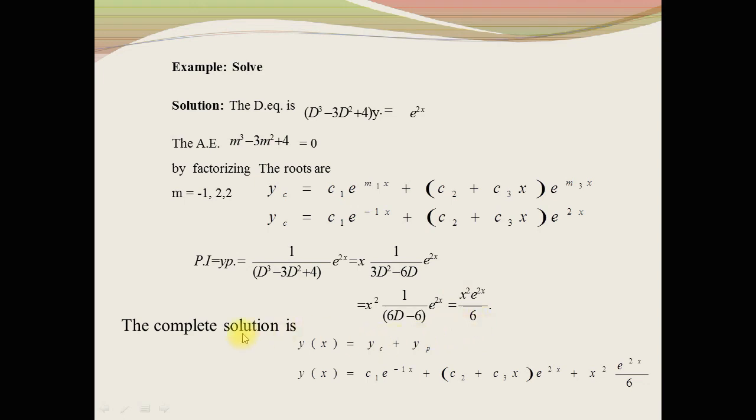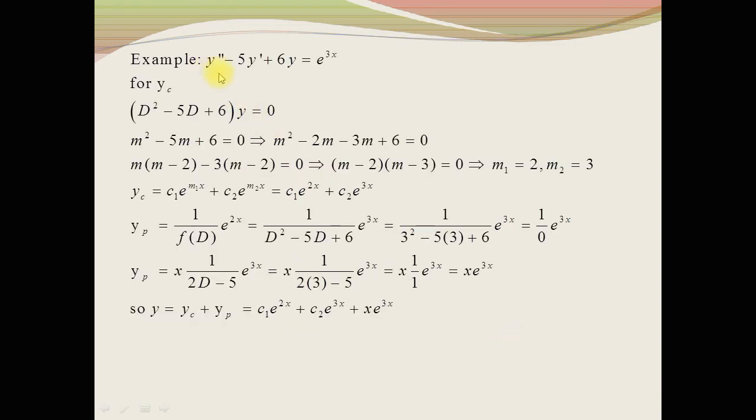Now the complete solution for the given third order non-homogeneous linear differential equation is yc + yp, the complementary solution plus the particular solution. So the complete solution is c1 e^(-x) + (c2 + c3x)e^(2x) + x^2 e^(2x)/6.